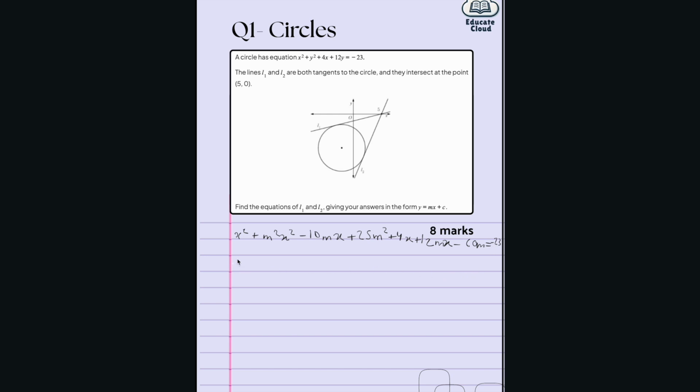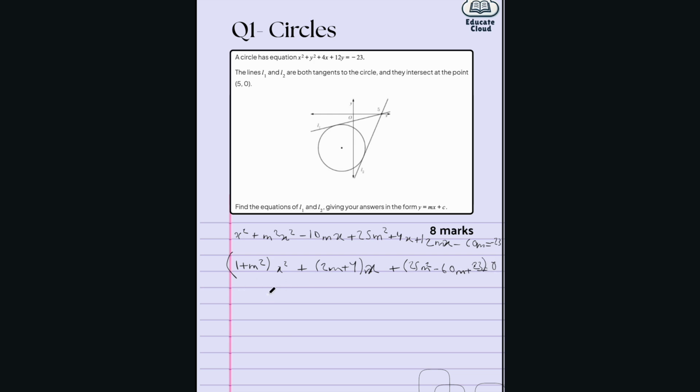Now we can group the x squareds together, so we have 1 plus m squared as the coefficient of x squared. For the x we have 12m minus 10m squared plus 4, and for the constant it's 25m squared minus 60m plus 23, equals 0.